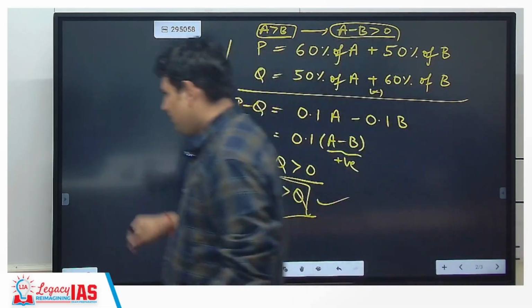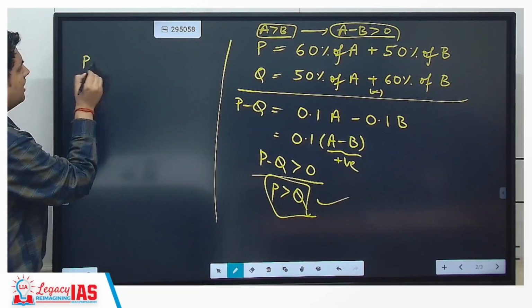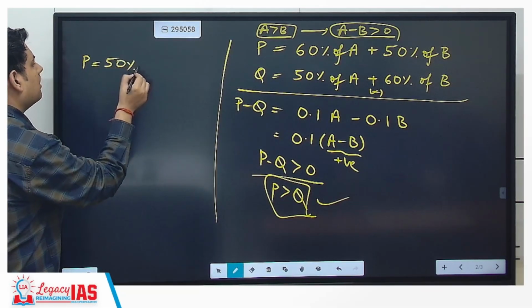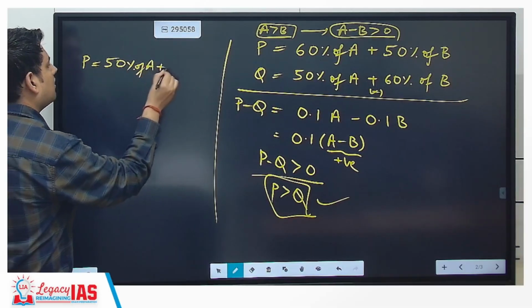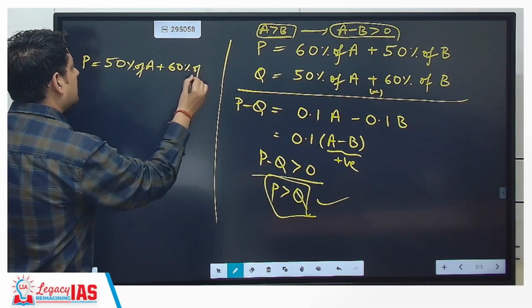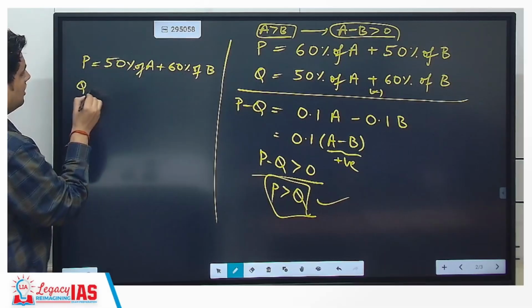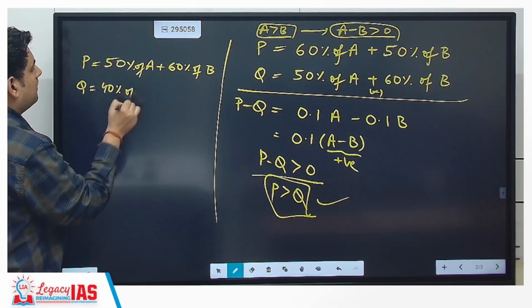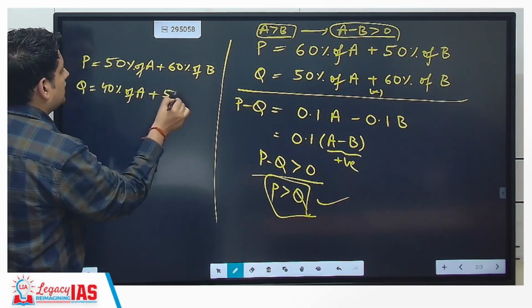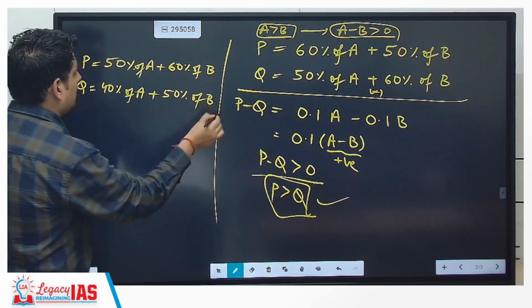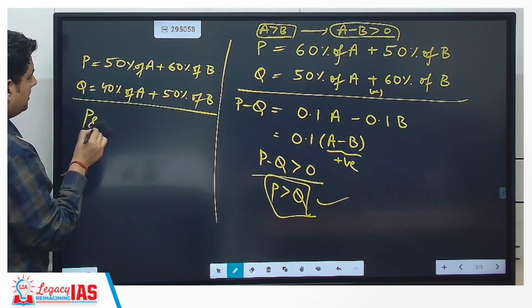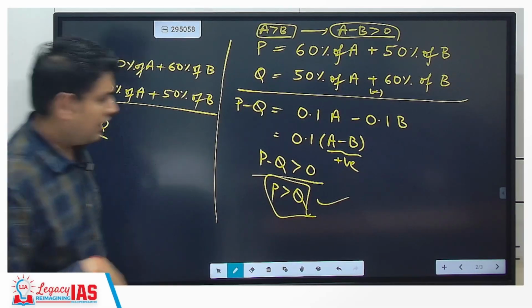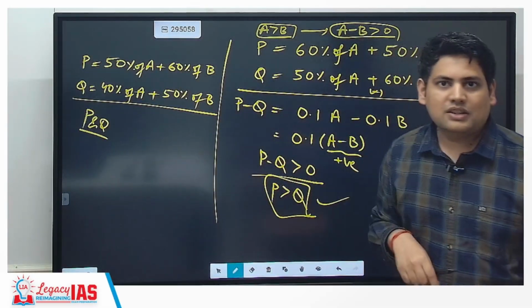Okay, one thing more that you need to understand, that if P is, let's say, 50% of A plus 60% of B and Q is 40% of A plus 50% of B. Now it is asked you relation between P and Q. Okay, for this you don't need any of this. Why you don't need?